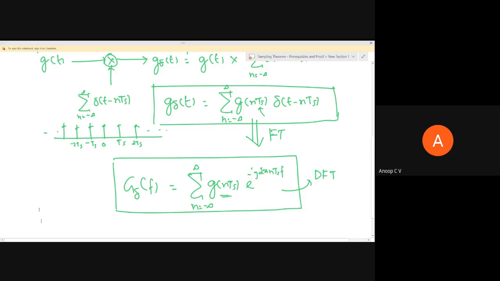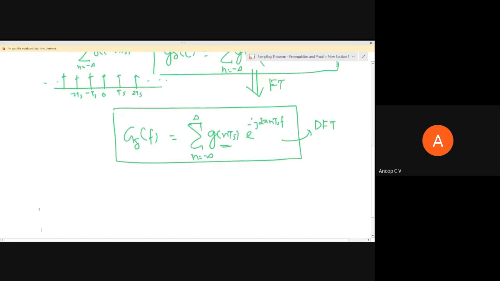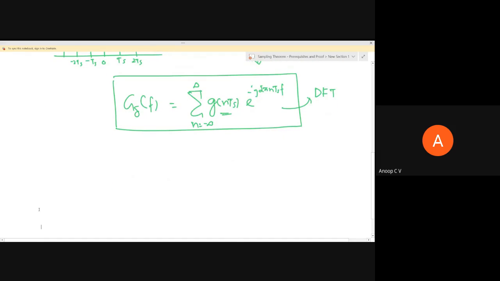So what we'll do is use what we discussed in the last class about the Fourier transform of a periodic pulse train. With the help of that result, and the concept of duality, we can find the Fourier transform of this g delta of t.